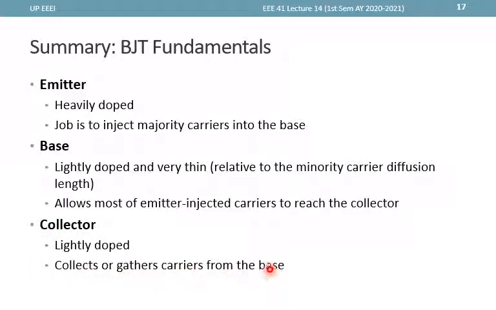Now, how the doping concentration of this collector must be relative to the doping concentration of the base will be discussed in a future lecture. We'll see what the advantages are of making the collector heavily doped or lightly doped relative to the base.